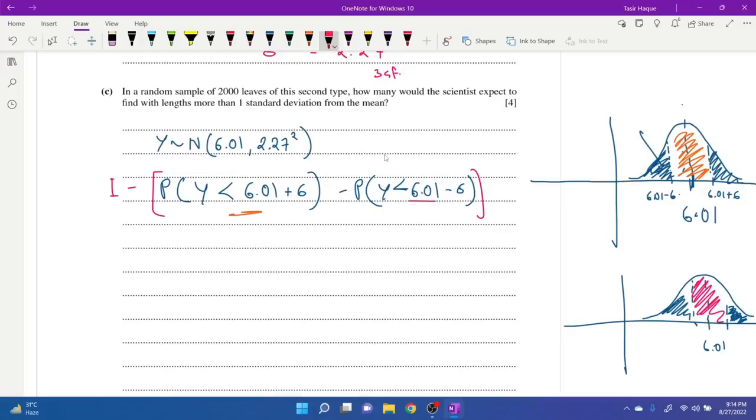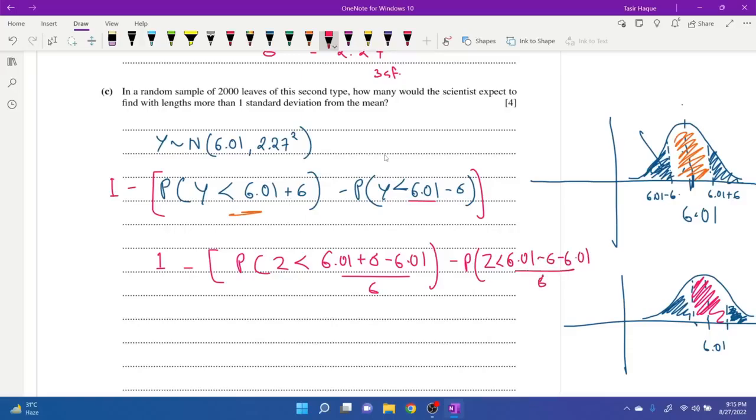Okay, so let's standardize this, shall we? So let's go for it. This is 1 minus P(Z is less than (6.01 plus sigma minus 6.01) divided by sigma) minus P(Z is less than (6.01 minus sigma minus 6.01) divided by sigma).